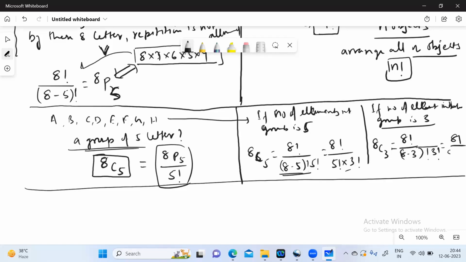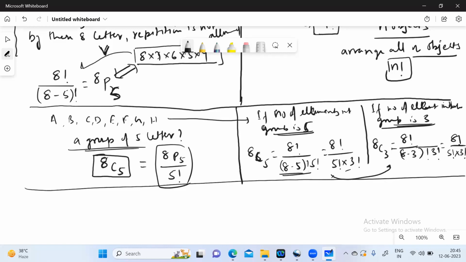It will be 5 factorial into 3 factorial. So the number of groups where the element count is 5 or 3 will be the same in this case. So do you remember all these 4 concepts?